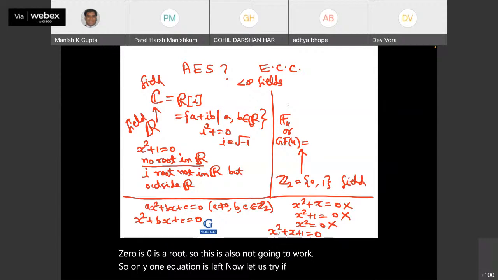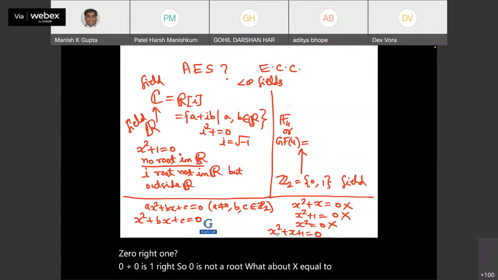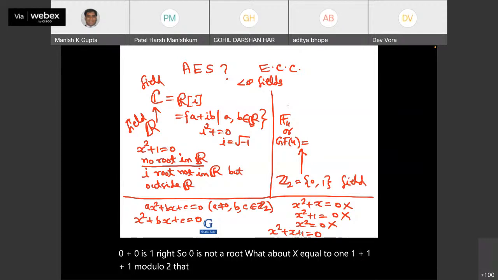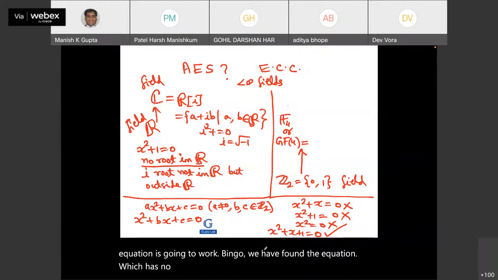If you put x equal to 0, what happens? 0 plus 0 plus 1, which is 1, right? So 0 is not a root. What about x equal to 1? 1 plus 1 plus 1 modulo 2, that is 1. So 1 is also not a root. So this equation is going to work. Bingo, we have found an equation which has no root over Z2.